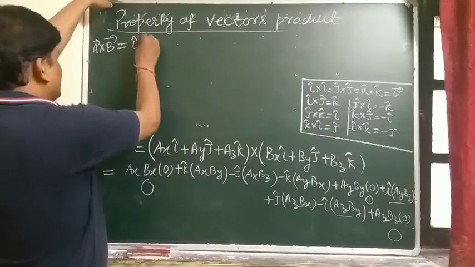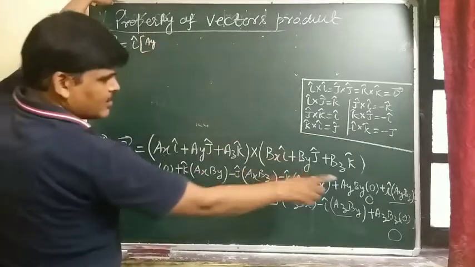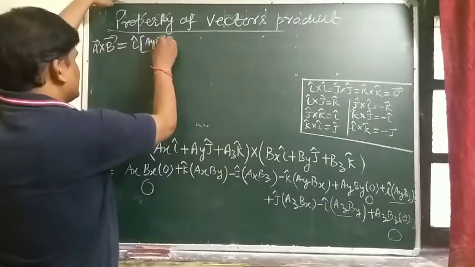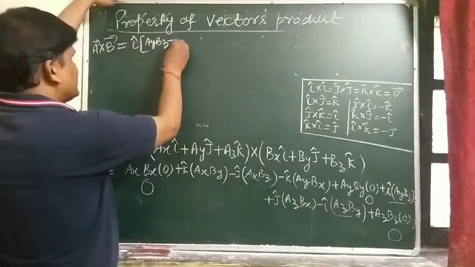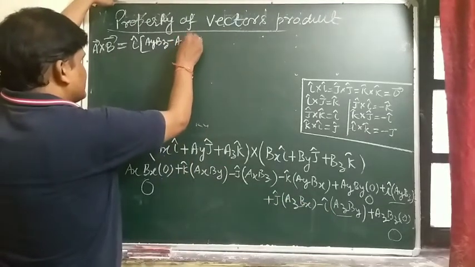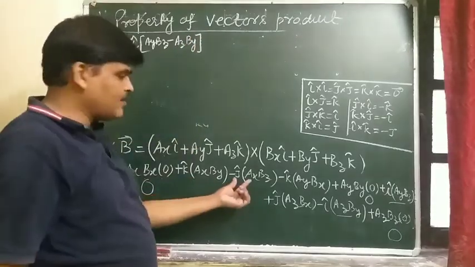So first we take I cap common, it comes out to be ay bz minus az by. Second, we have taken minus j common.